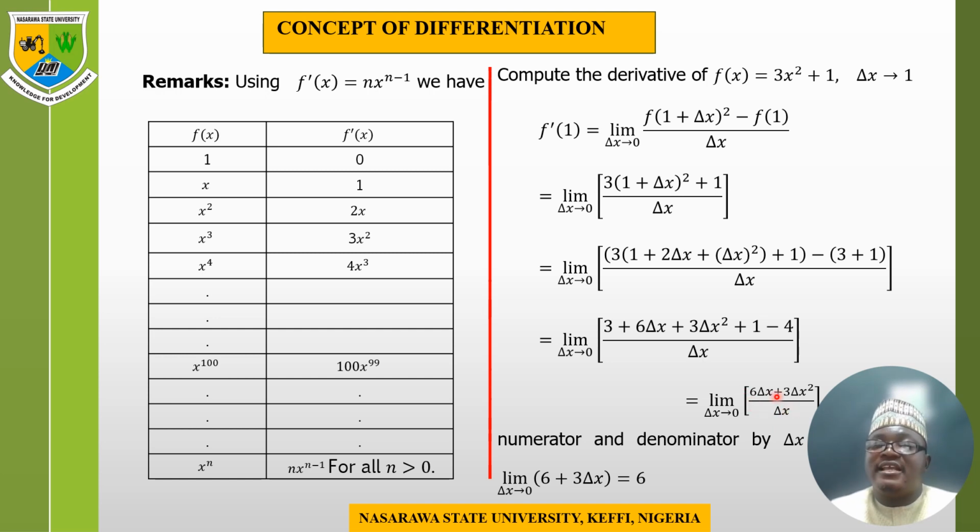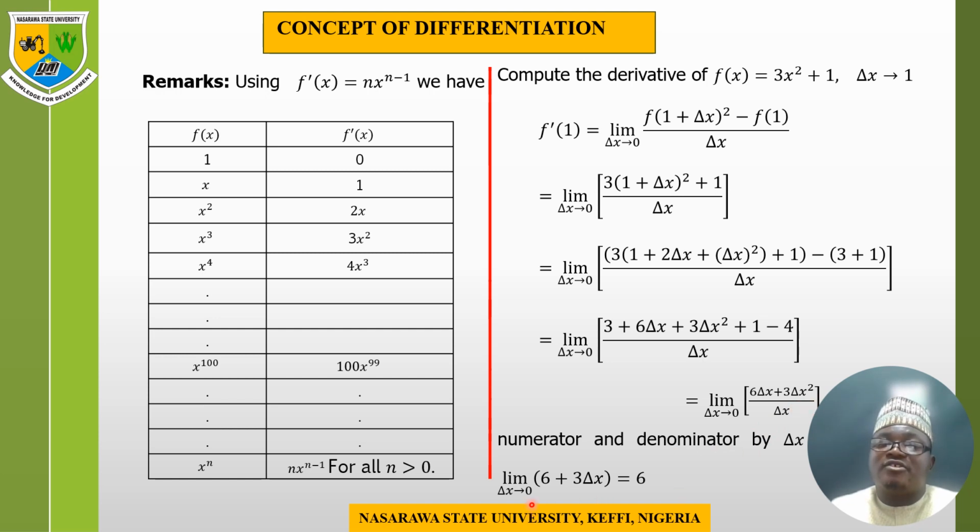When the increment of x is factored out, we are going to be left with 6 here, and here we are going to be left with 1 times the increment of x. So the increment of x up here is going to cancel with the increment of x down here. Then we are left with 6 here, and since we factored out the increment of x here, we are left with 1.